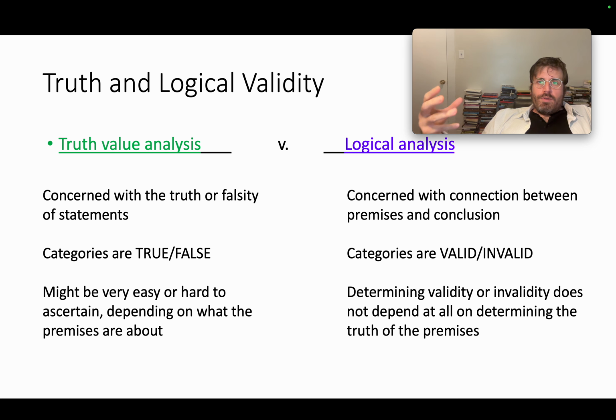Okay, so you need not concern yourself very often with knowing the information in the premises and knowing that a certain premise is true or not. Ordinarily, we are going to be taking for granted the truth of a premise unless it is stated that it really is false. Okay, so this is just a kind of schematic breakdown of some of the main differential properties of truth value analysis from logical analysis.